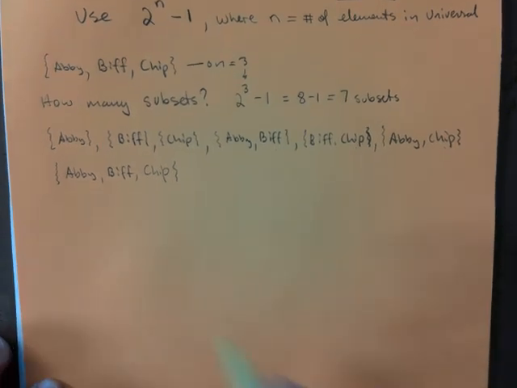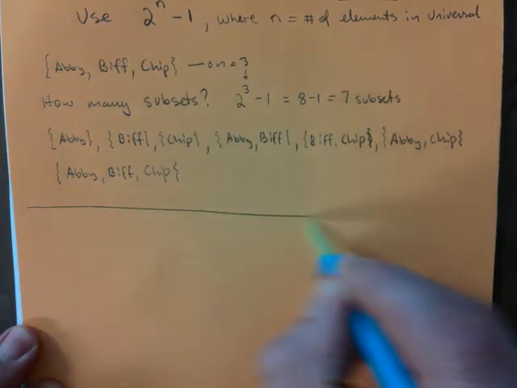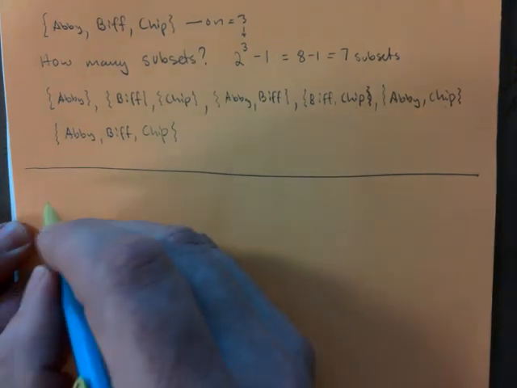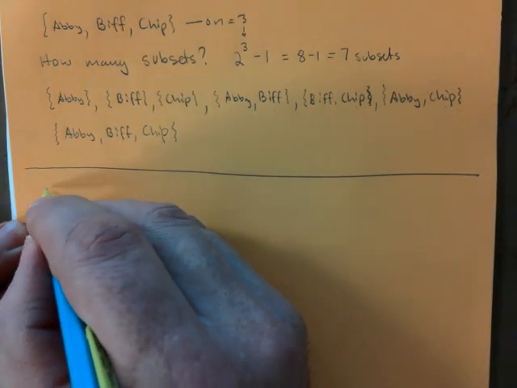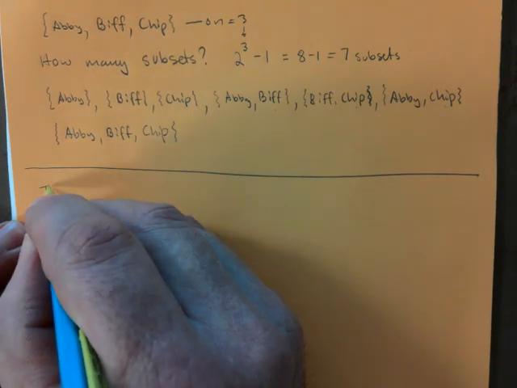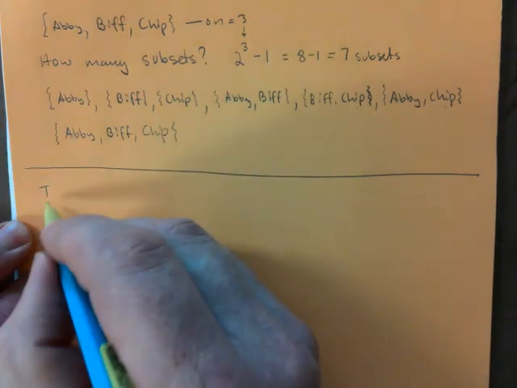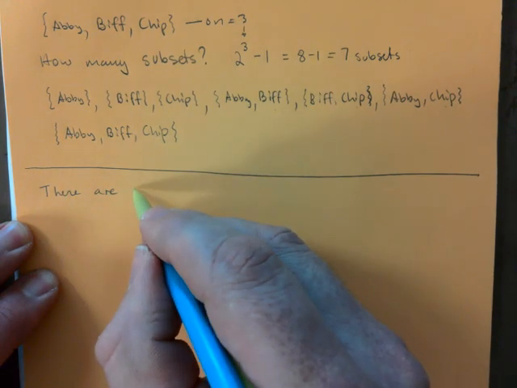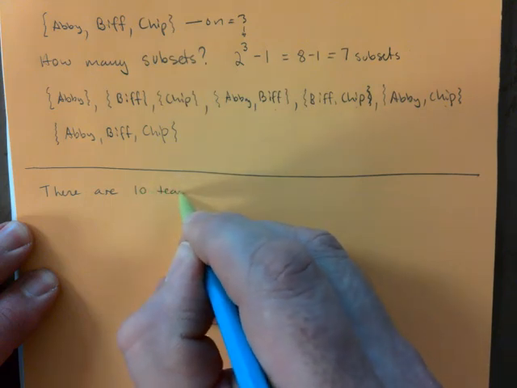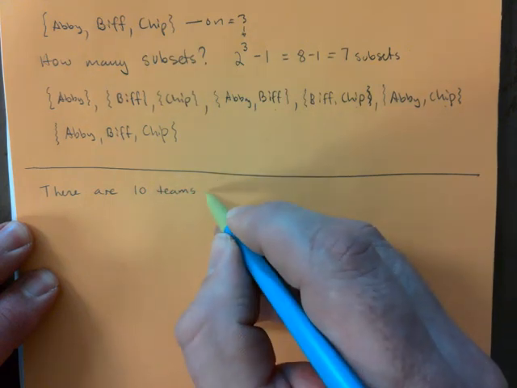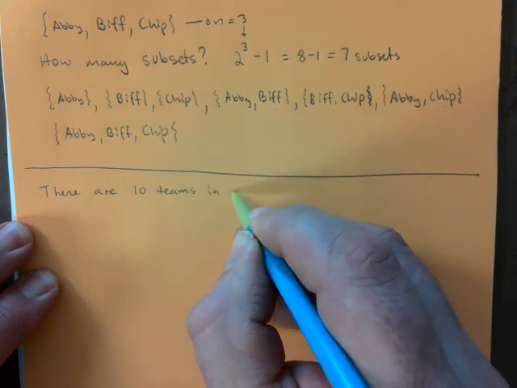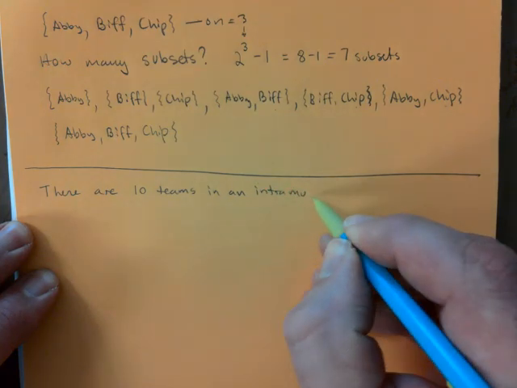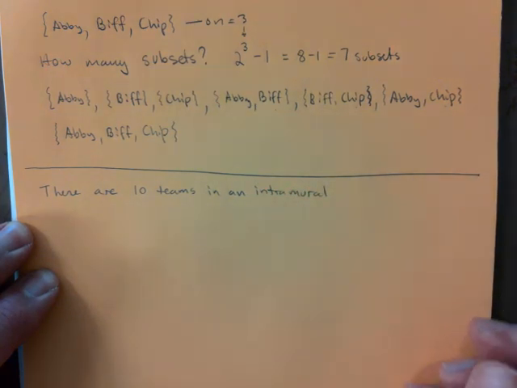Another one is this one. Okay. There are, let's say, 10 teams in an intramural. There are 10 teams.